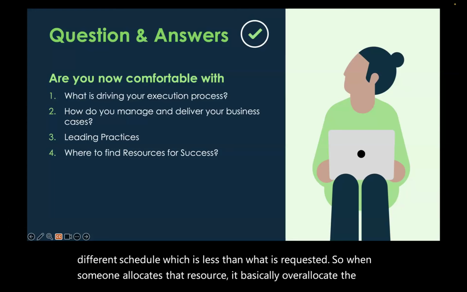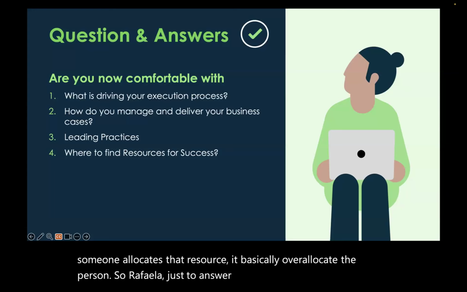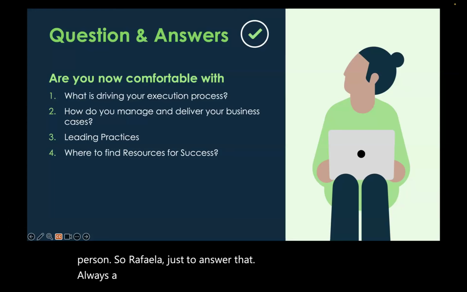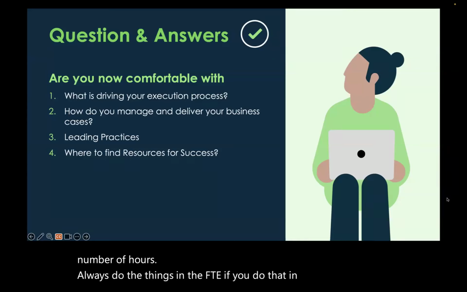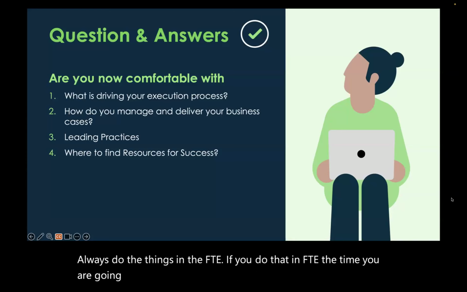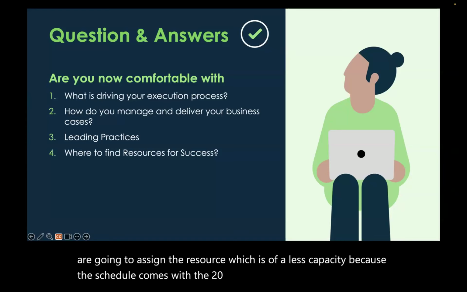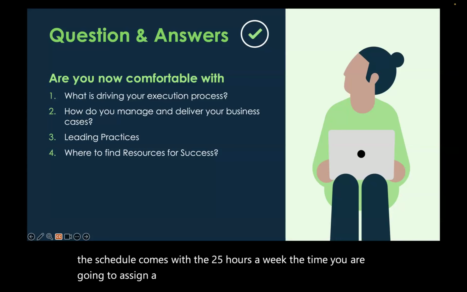So Rafaela, just to answer that, it's always a good practice in such a manner not to do things in number of hours. Always do things in FTE. If you do that in FTE, the time you are going to assign a resource of less capacity, because the schedule comes with 25 hours a week, the heat map is going to make it red.